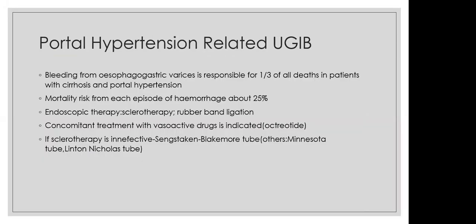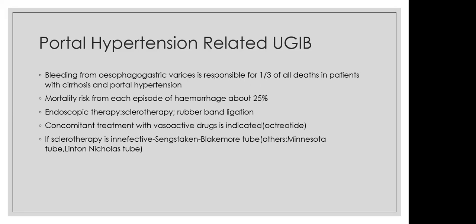And then portal hypertension related upper GI bleeding is the bleeding from the esophagogastric varices, which is responsible for 1/3 of all deaths in patients with cirrhosis and portal hypertension. So the mortality risk from each episode is about 25%.